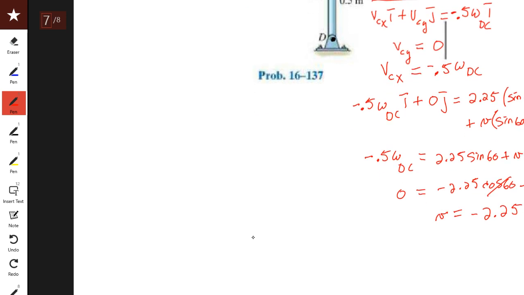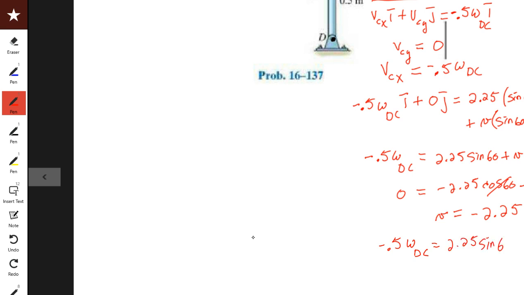And now that I have v, I can put it into this other equation and then solve for omega dc. So minus 0.5 omega dc equals 2.25 sine of 60.